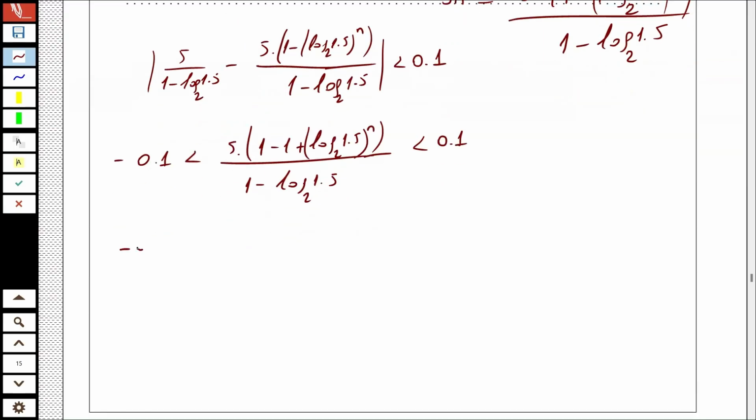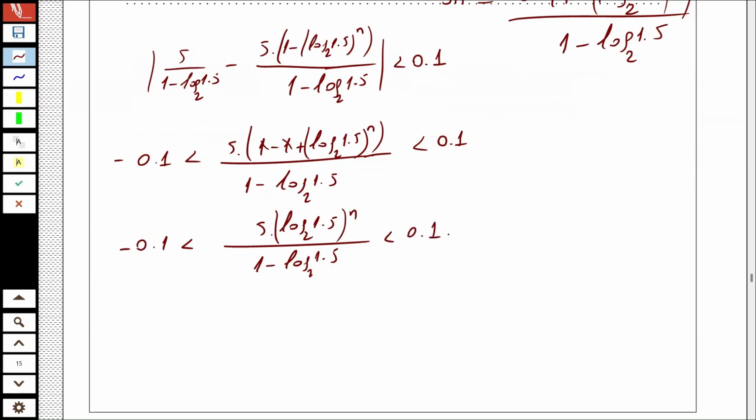From here, you can write minus 0.1 less than 5 times log base 2 of 1.5 to the n, less than 0.1.